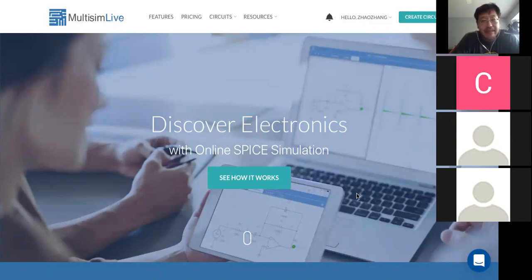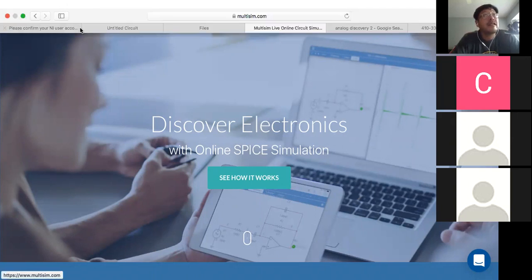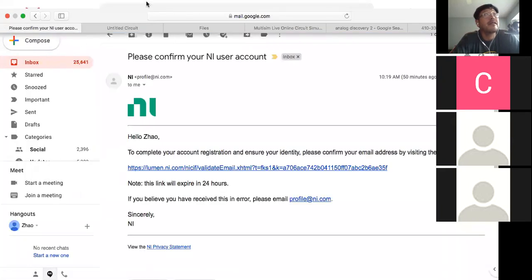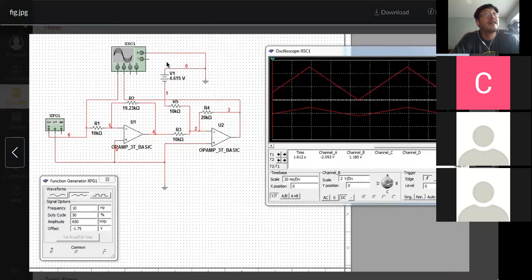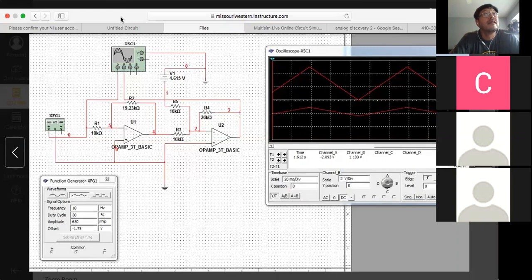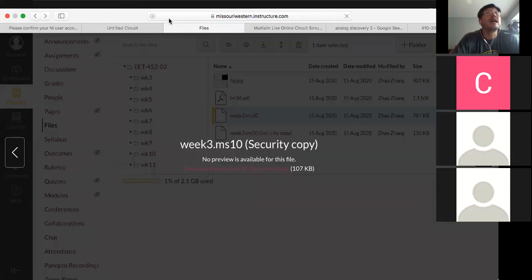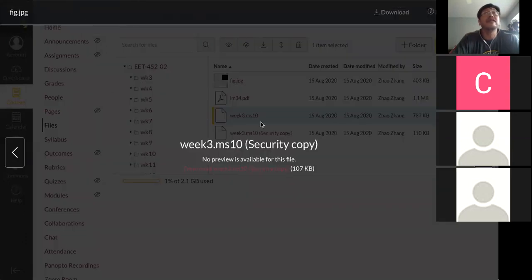That's about the lab we're going to do this week. The circuit we're going to do is also on Canvas. So if you look at the Canvas, this is your Canvas. I really don't like this.